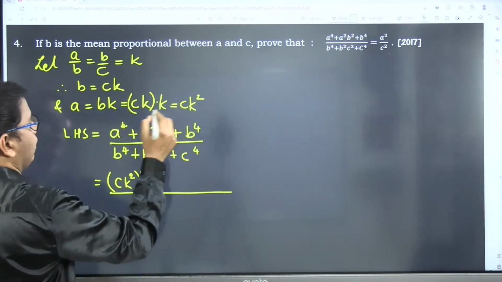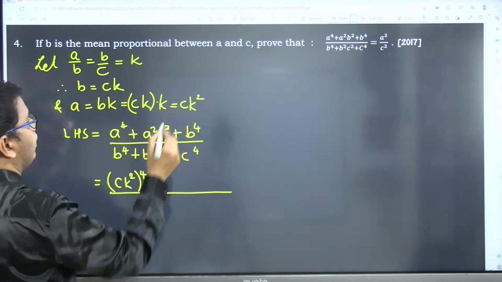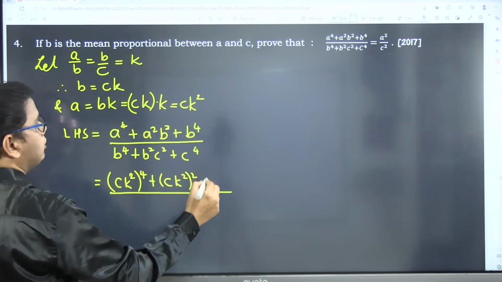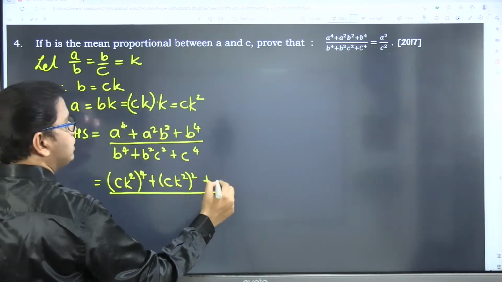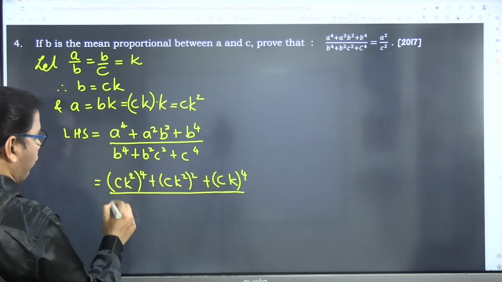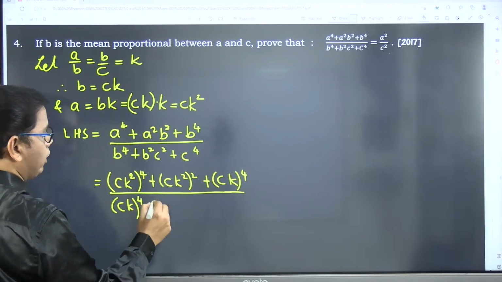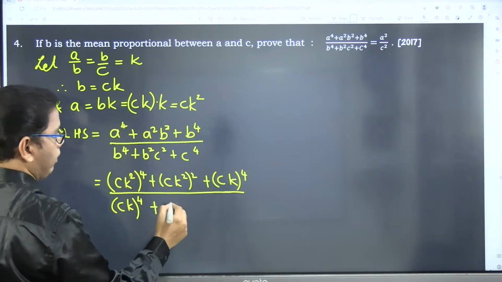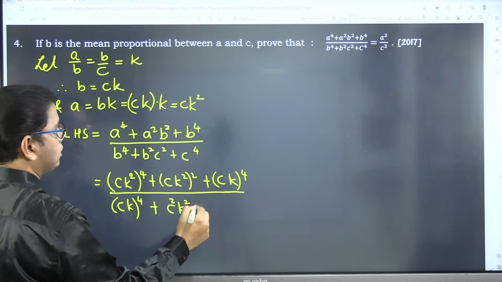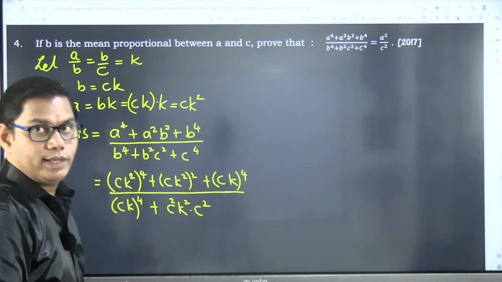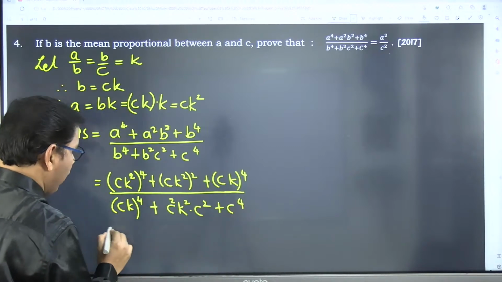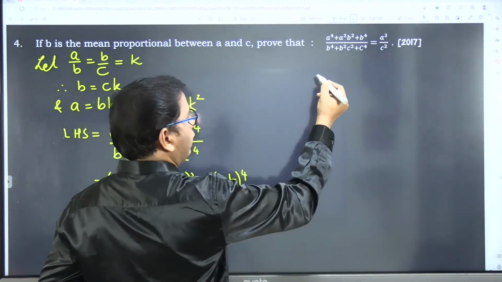Now, A raised to 4: the value of A is CK square, and its square, plus B raised to 4. The value of B is CK, to the power 4, upon B to the power 4, B is CK to the power 4, plus B square, that is C square K square into C square. For C square there is no equation, so it remains as it is, plus C raised to 4. Okay, now I was talking about this law of indices.